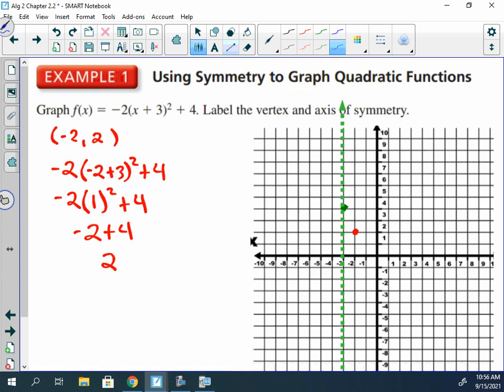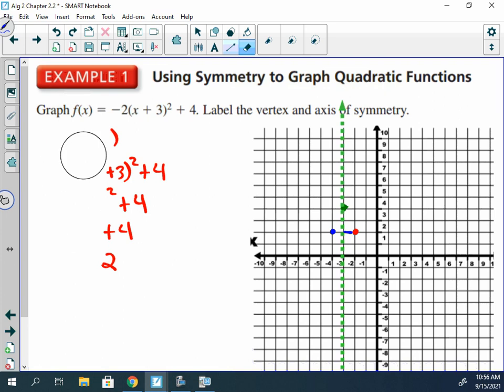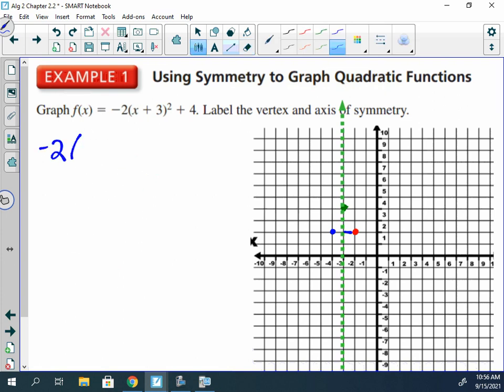Now we said all the points on the right side will be mirrored across on the left. Well, how far is this point from the axis of symmetry? 1. So the other point should be right here. Well, that is at what? Negative 4? Negative 2 times (negative 4 plus 3) squared plus 4.